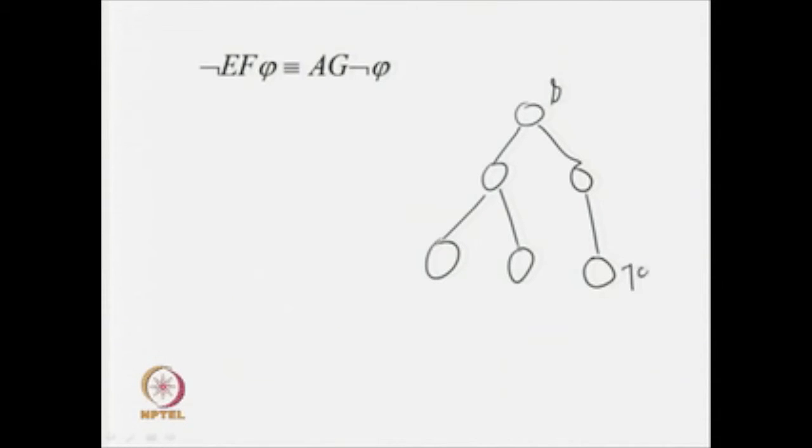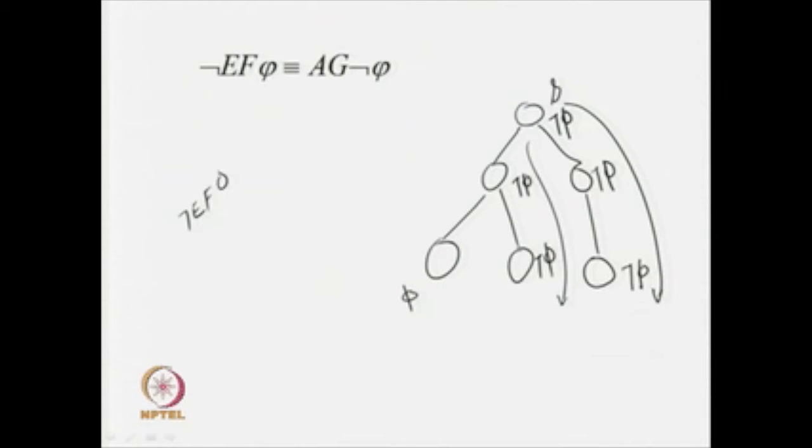So, if I am going to say that not of phi is true in those particular states, that means, in this path not of phi is true, in this path not of phi is true. But if I am going to say that phi is true over here, then what will happen? We are going to get there exists a path in future phi is true in this particular case. That means, not of E F phi is not true along this path.